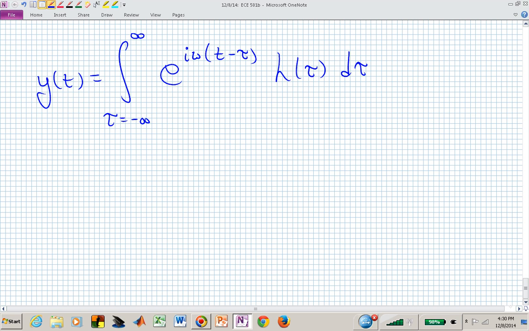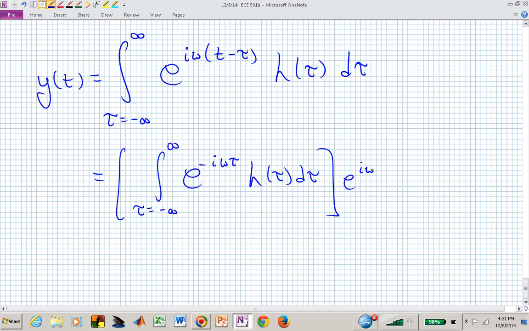Our variable of integration is tau, so any other variable we can pull out of that integral. Let's now separate that complex exponential into two pieces, since the exponents allow us to do that. And we now can rewrite this as the integral from tau equal minus infinity to infinity of e to the minus i omega tau h of tau d tau, and we'll pull out of that integral e to the i omega t.